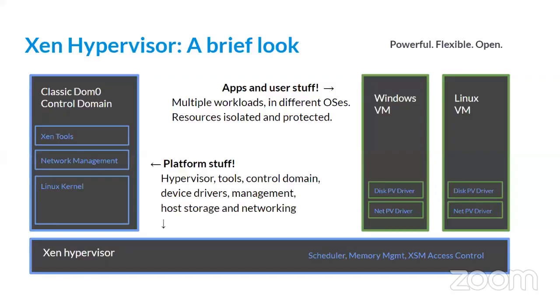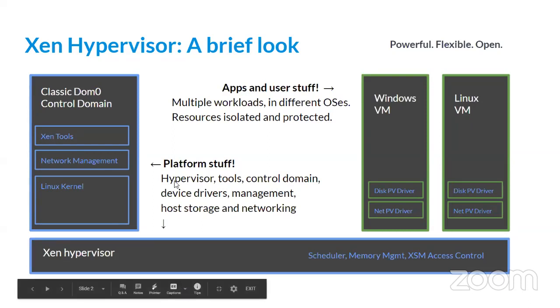So to give a quick overview of the Zen hypervisor, it's a mature open source project, 17 years at this point, now under the Linux Foundation, used in a bunch of different scenarios: server virtualization, cloud, desktop virtualization, embedded, automotive, and it's used to provide strong isolation between the different workloads that you run.